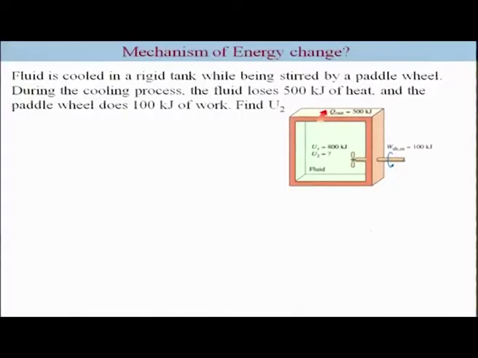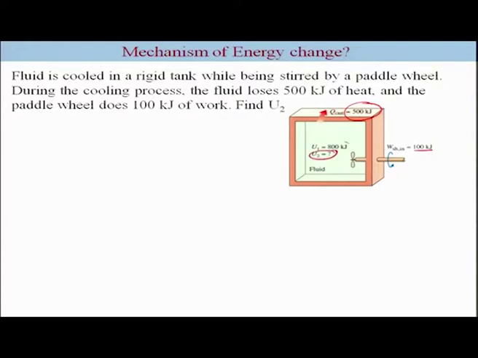This is an example of a fluid within a rigid tank that is cooled while being stirred by a paddle wheel, which supplies work of 100 kilojoules, and during the cooling process the fluid loses 500 kilojoules of heat. As I said, the paddle wheel does 100 kilojoules of work. So find U2.